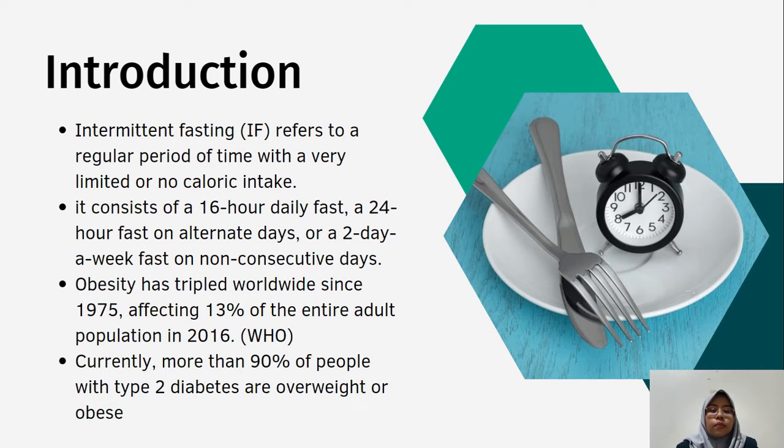As the prevalence of obesity increases, the prevalence of other chronic diseases also increases, such as type 2 diabetes. Currently, more than 90% of people with type 2 diabetes are overweight or obese. It has been proven that a series of modifiable risk factors favor this pathology, among which are excessive nutrition and a sedentary life.